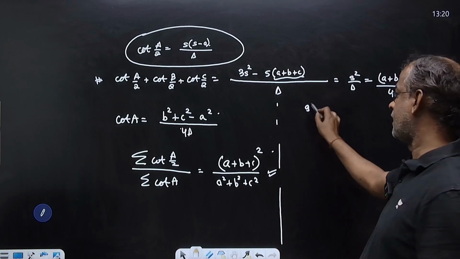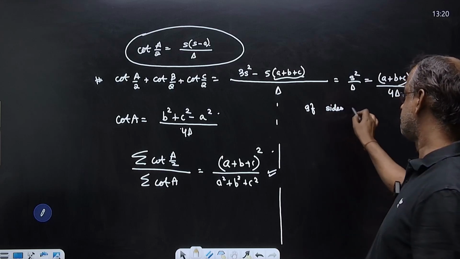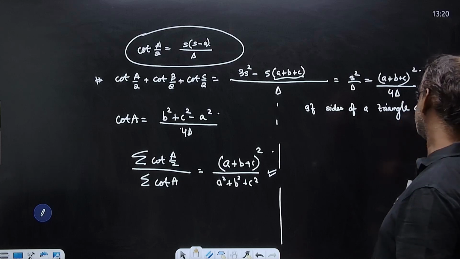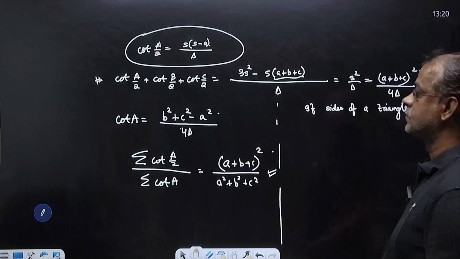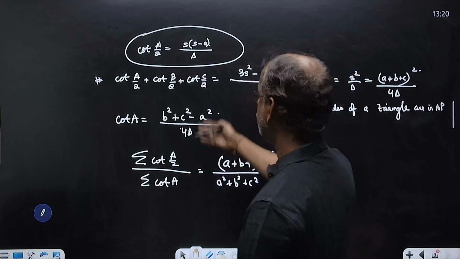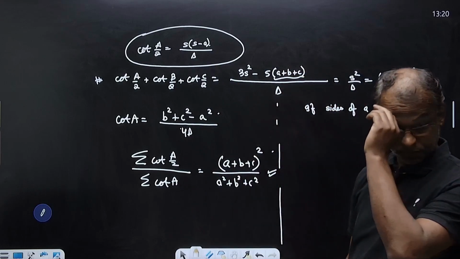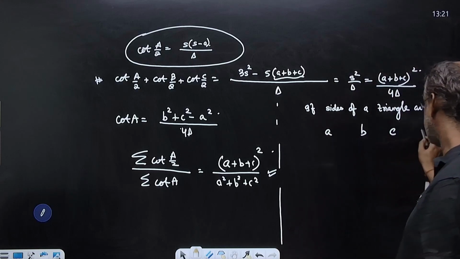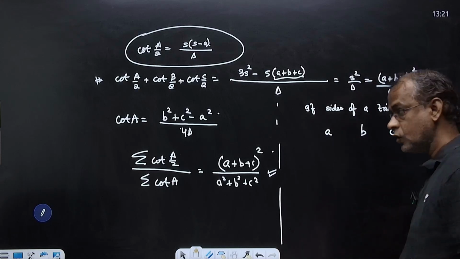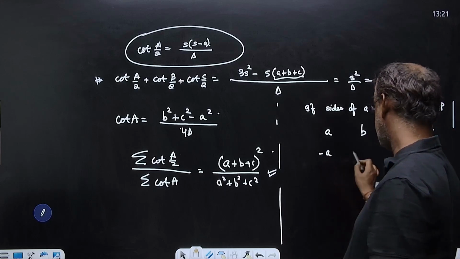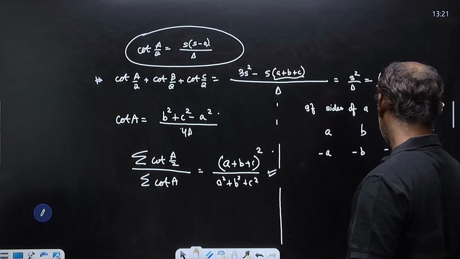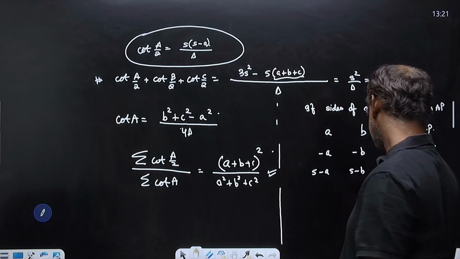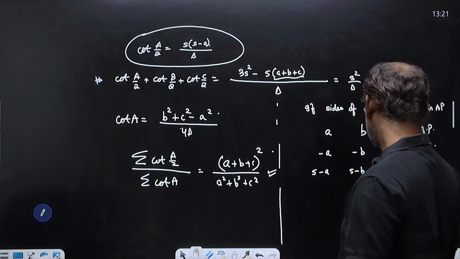if sides of a triangle are in AP, they are equimultiples. See, a, b, c are in AP. So, minus a, minus b, minus c are in AP. If you add S to all of them, they are in AP.